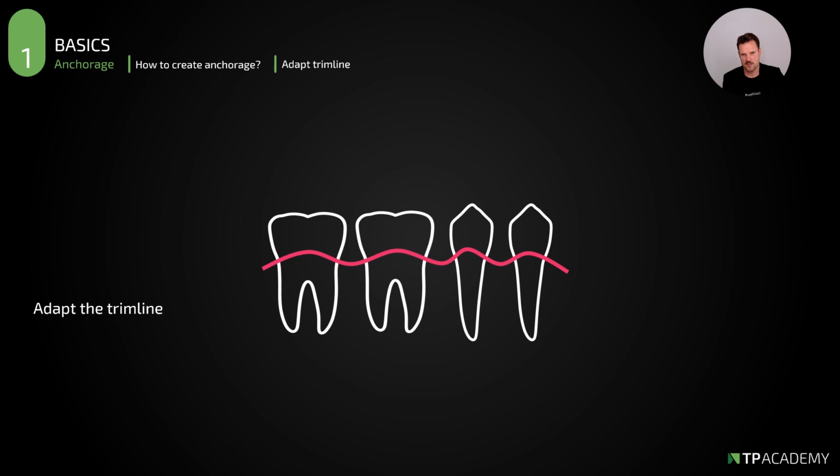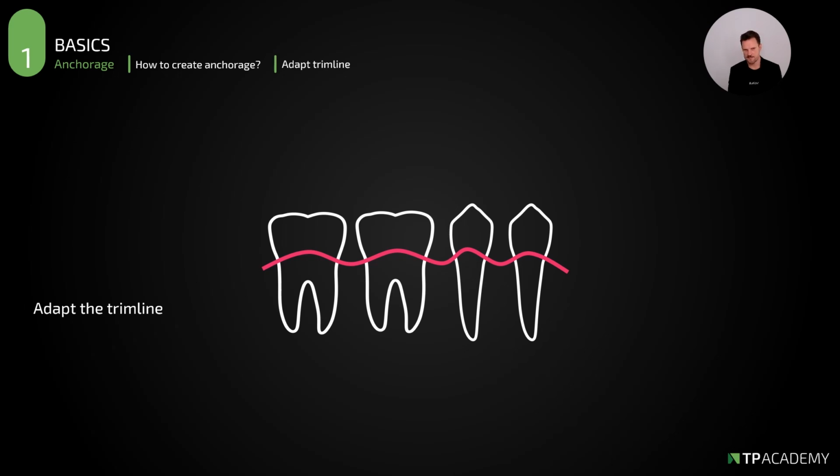How to create Anchorage? Yes, we can also create Anchorage if we adapt and change a little bit the trim line. But now we need to understand that not with every system we can do that, and it's also not always necessary. So let's talk about the 4 big systems: Invisalign, Angel Align, Spark, and ClearCorrect.